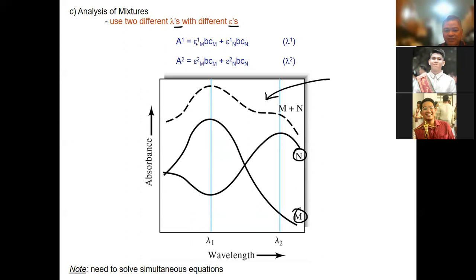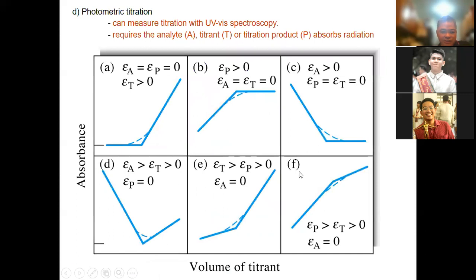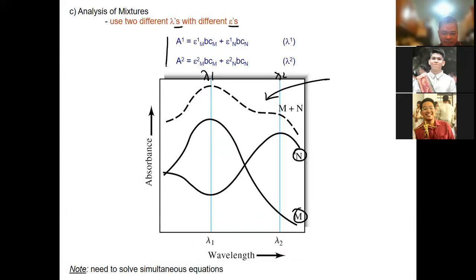You have A1 here equals the molar absorptivity of N times path length times the concentration of N, plus the molar absorptivity of M times path length times the concentration of M. So the second absorbance that you have is this one here, and this is the one here. And the way that you're going to do it is you just combine this data to determine the concentration of both M and N.